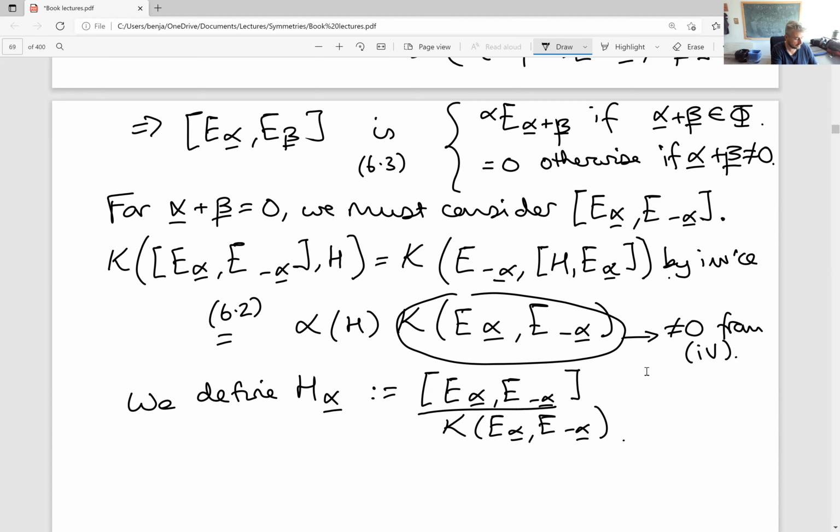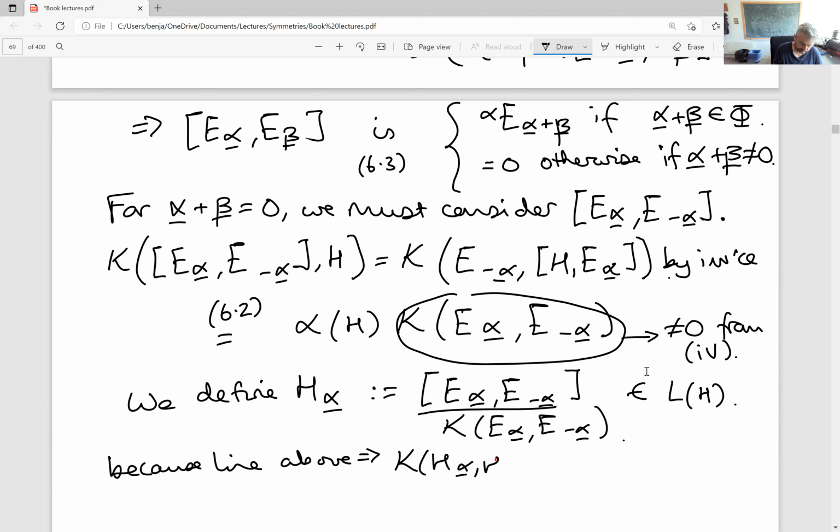This is in the Cartan subalgebra. And that's because the line above implies that kappa of H_alpha and H equals alpha of H. So it's in the Cartan subalgebra.